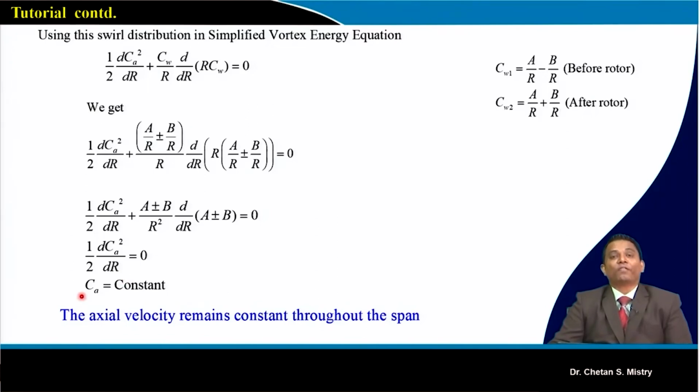For free vortex, we have also seen the required condition: we need satisfaction of 3 conditions. One, constant total enthalpy. Second, constant axial velocity. And third, CW into R equal to constant. So my axial velocity is coming to be constant, and it will remain 30 meter per second at the entry of my rotor as well as at the exit of my rotor.